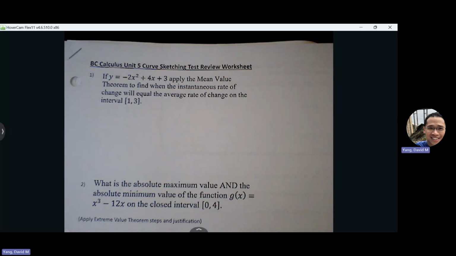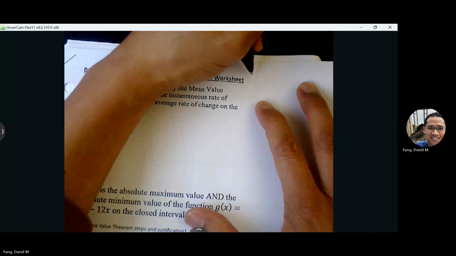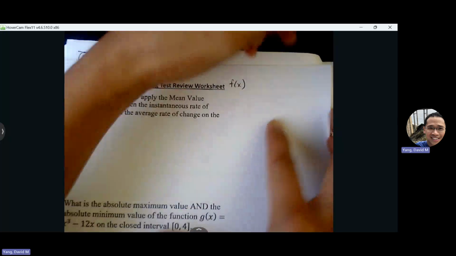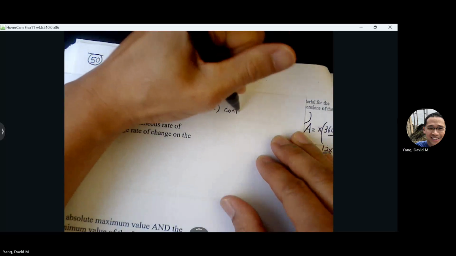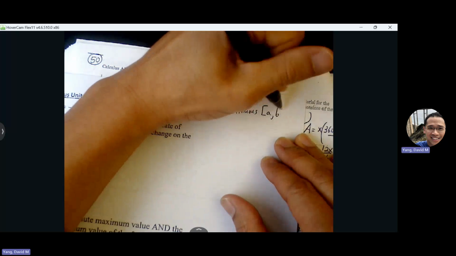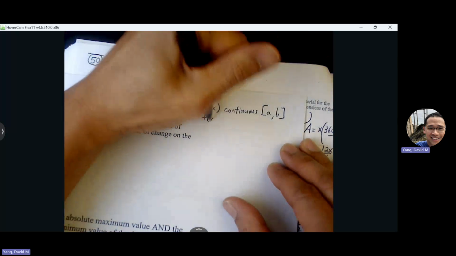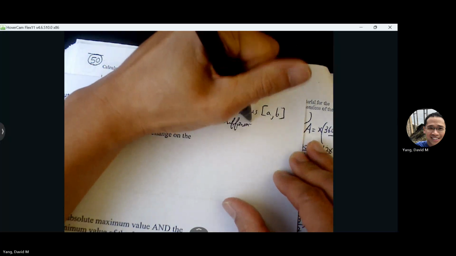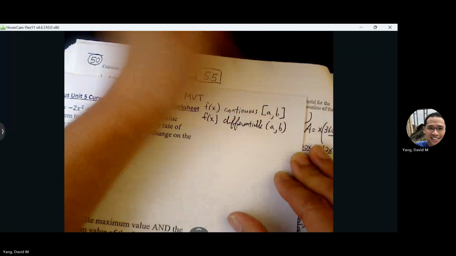Okay, let's review the mean value theorem. The mean value theorem comes with two conditions. Our function needs to be established with a continuous statement, with brackets. Our function has to be established with a differentiable statement, with parentheses.